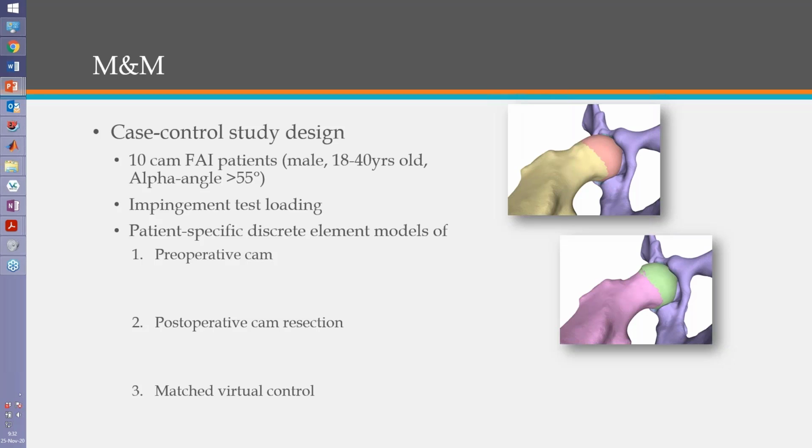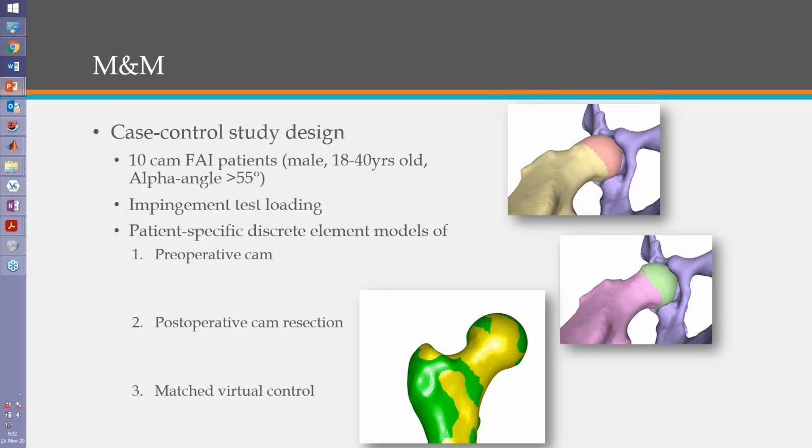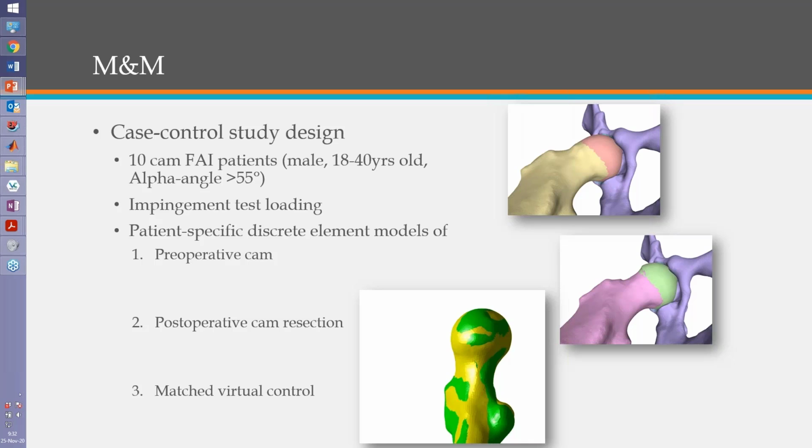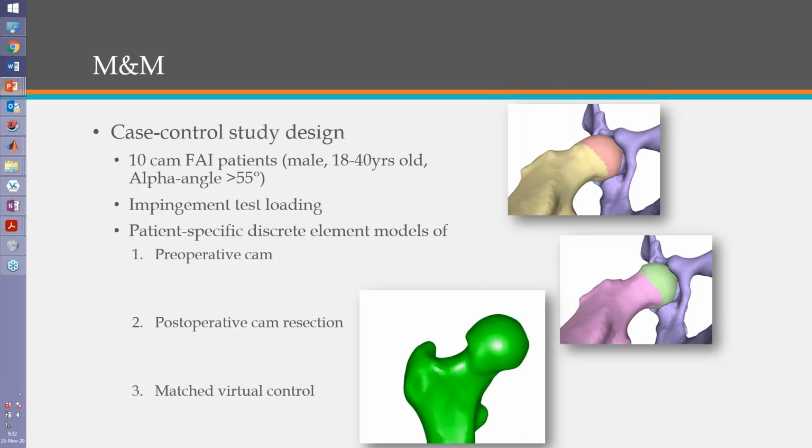And then in the third phase, we also gathered a matched virtual control, which was in fact the same proximal femoral geometry of our patients, but with the exclusion of the CAM site, so the head neck region from 11 o'clock to 3 o'clock.